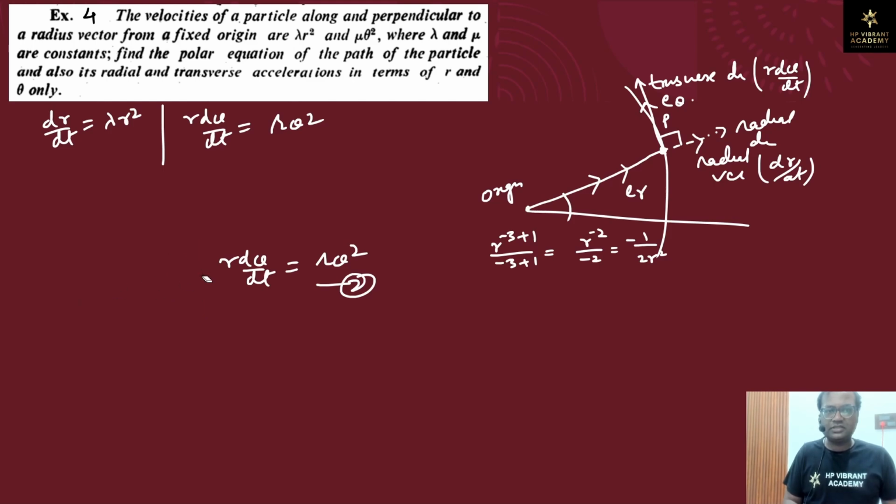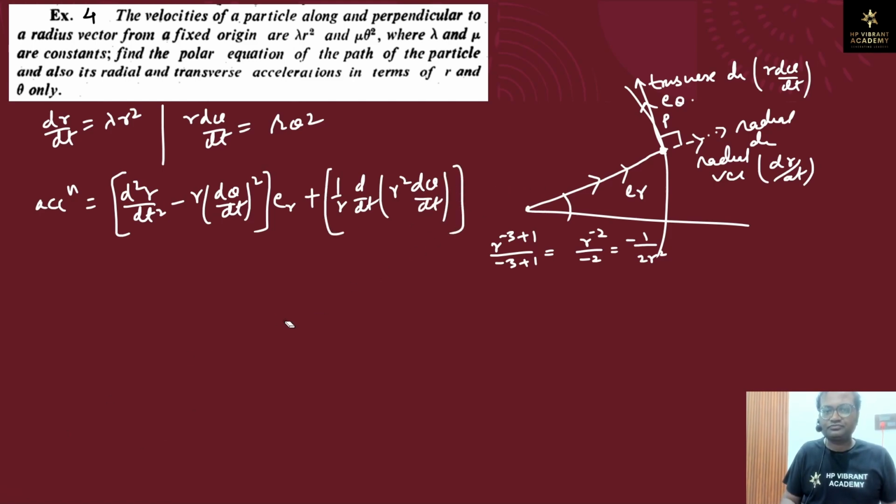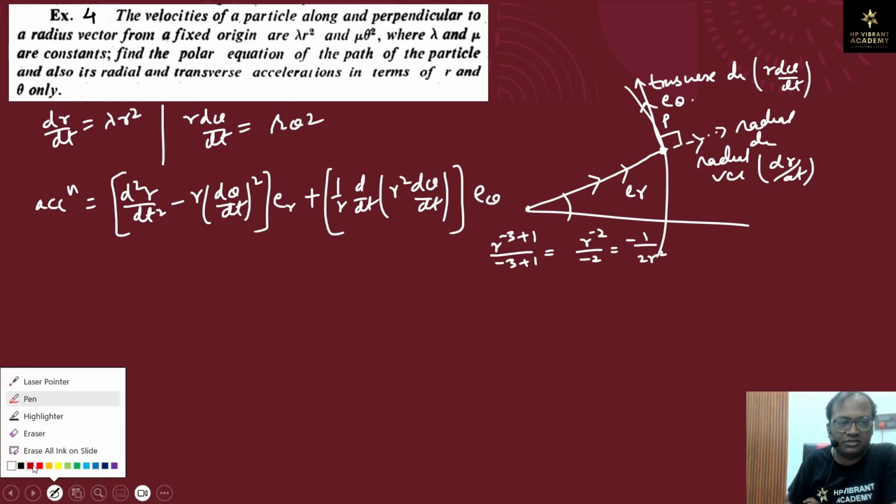What we have to find is the radial and transverse acceleration. The acceleration is given as d²r/dt² minus (r dθ/dt)², the acceleration along the radial direction, plus (1/r) d/dt (r² dθ/dt), the acceleration along the transverse direction.